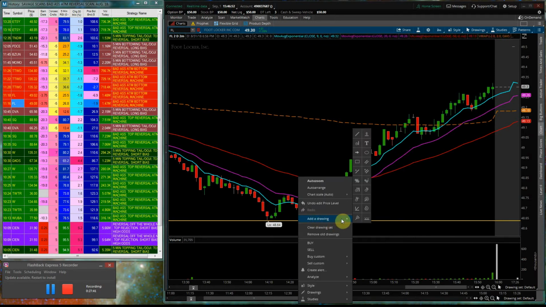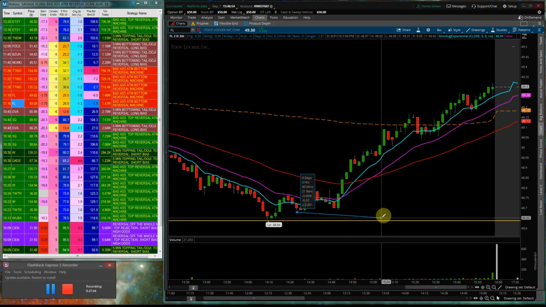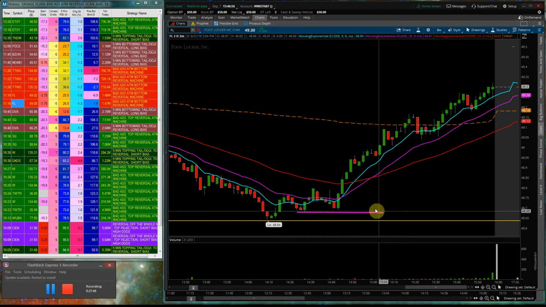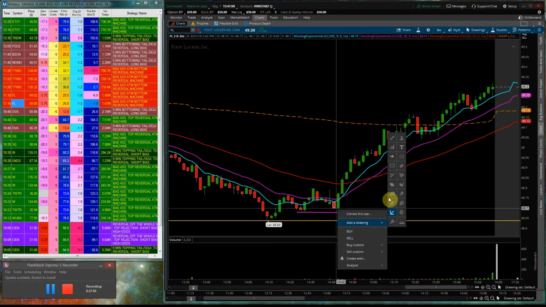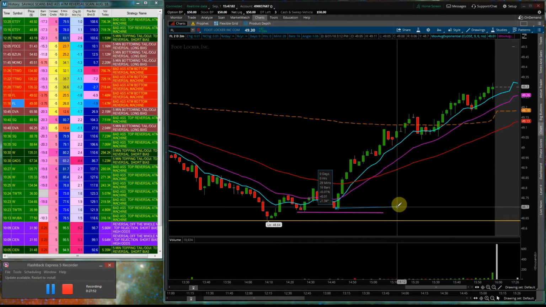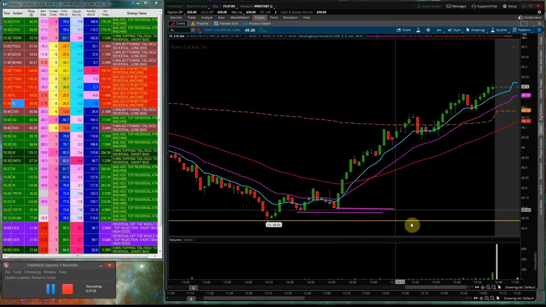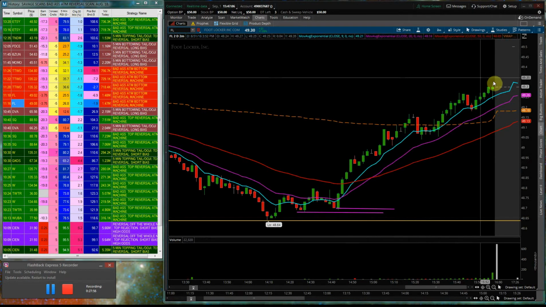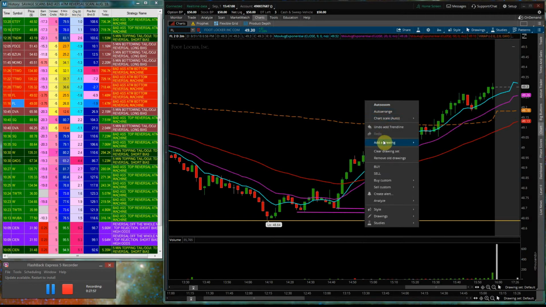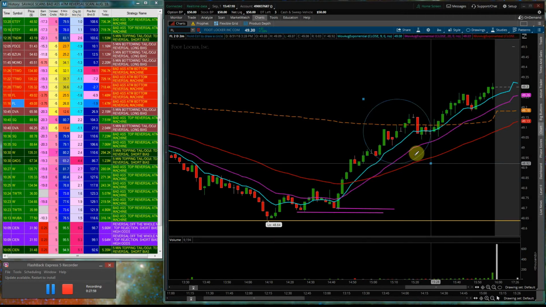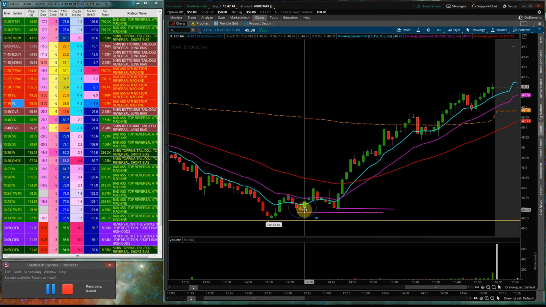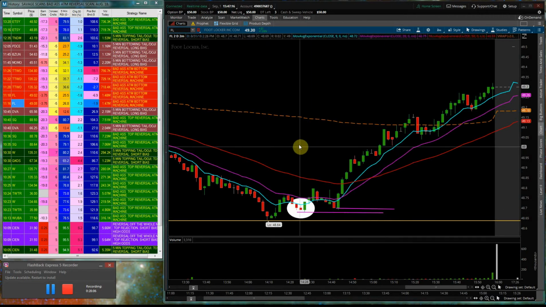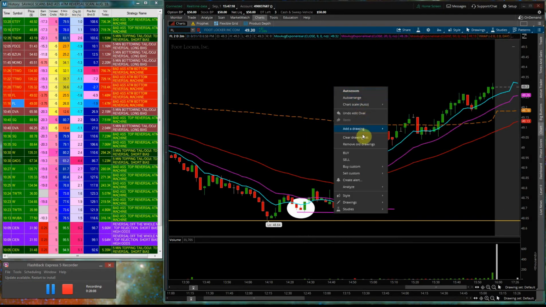Higher low number 1, higher low number 2, resolution in the trade. This is all you need to learn. This is a complete trading strategy within itself.